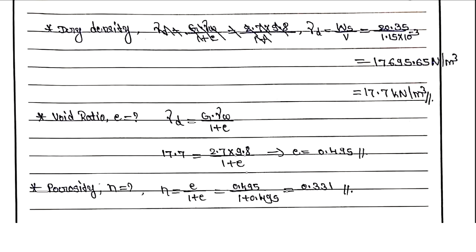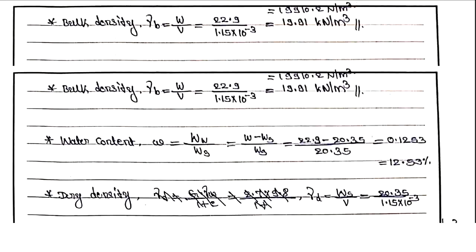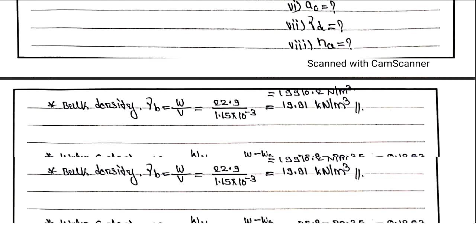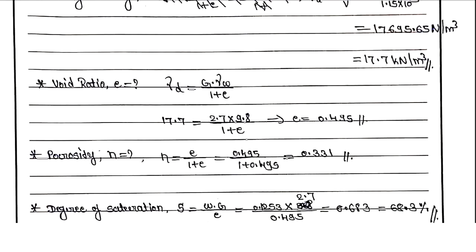Solving this equation, I get e equal to 0.495. So four quantities we have found: γB, water content, e, and dry density. Next, porosity.